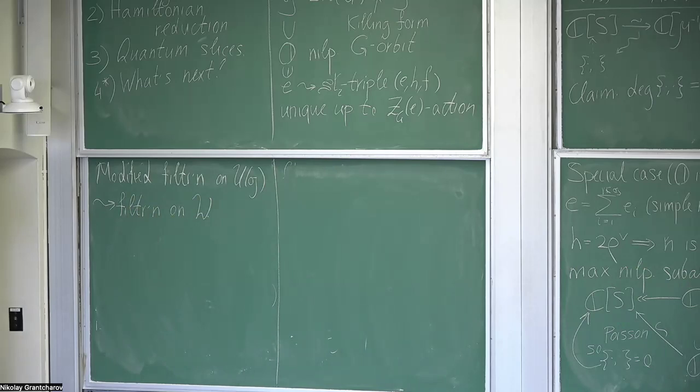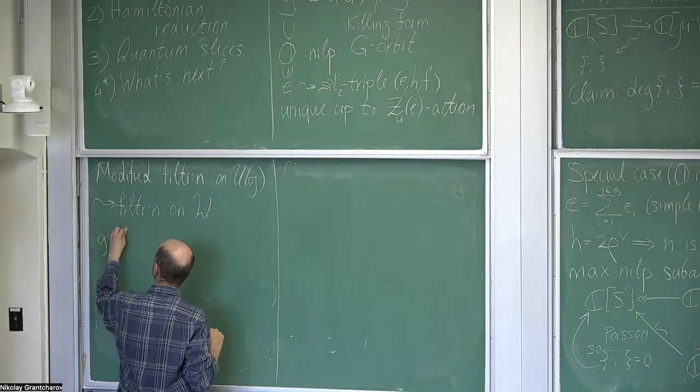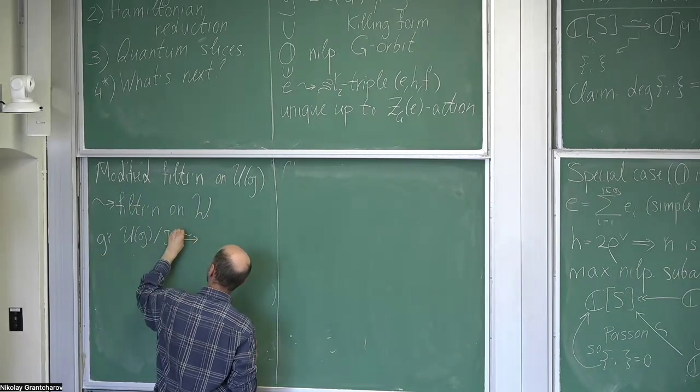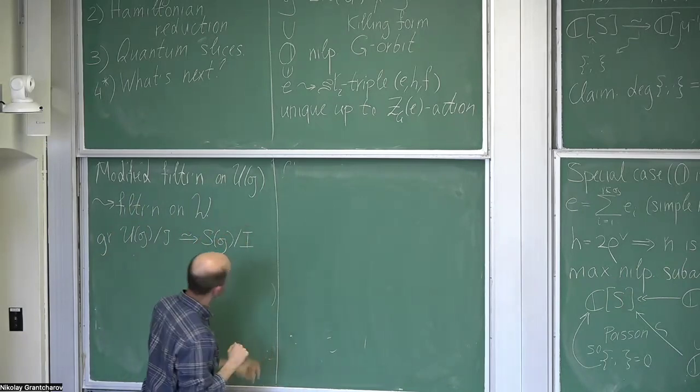But notice that the associated graded of the filtration here just gives you the commutative counterpart. J is identified with Fg mod I.